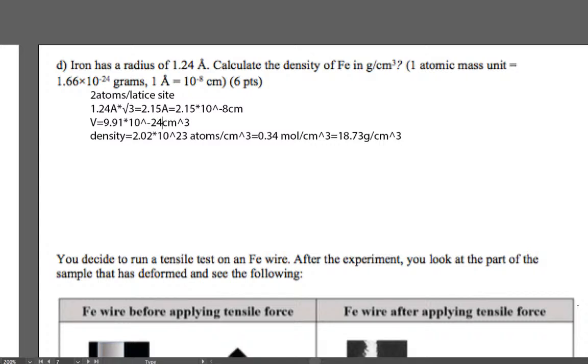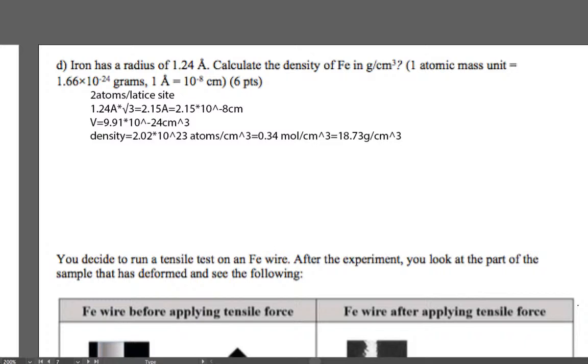So yeah, first we got 1.24. We multiplied it by the square root of 3 to get the lattice size, I guess. And then you convert that into centimeters, which is multiplied by 10 to the power of negative 8. And then after that, you turn it into a volume, which is that, and so you just divide the atoms per lattice side. So yeah, one lattice's volume is that.